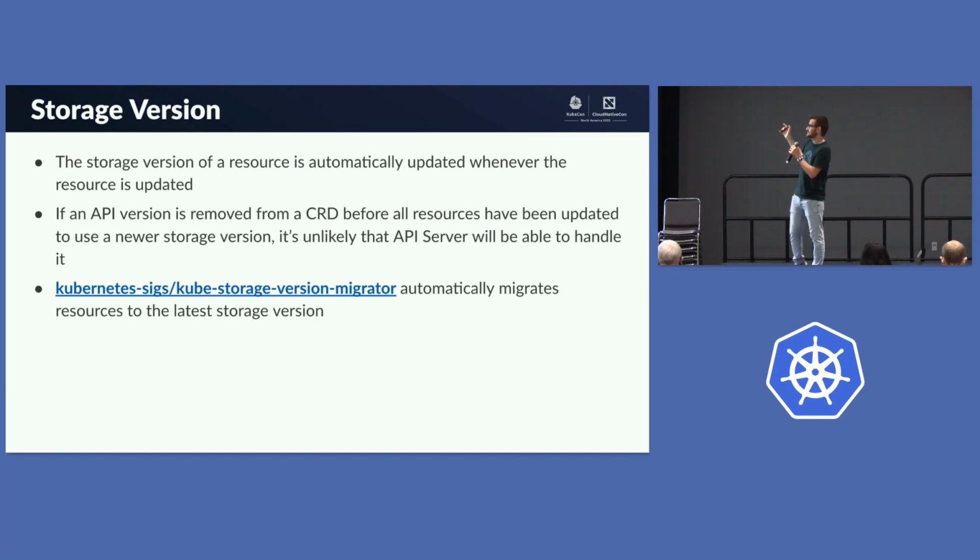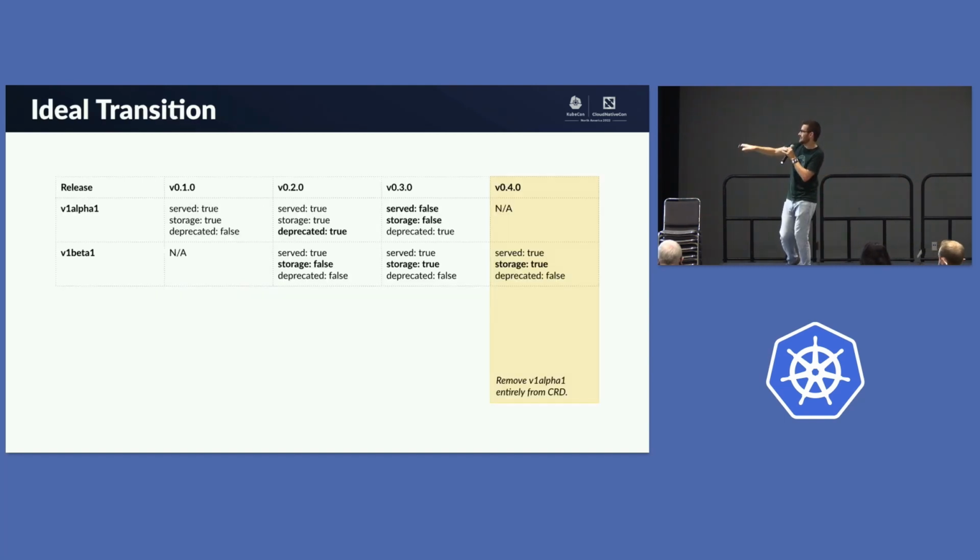So if you set the storage version and then you somehow roll back, and so something is stored as v1beta1, and you roll back to an earlier version of the CRD that doesn't know about v1beta1, the best I can tell is things will break. I tried to ask a few people, and no one really knew how it would break, just that it would not be good. So again, have to be very careful when you bump the storage version here.